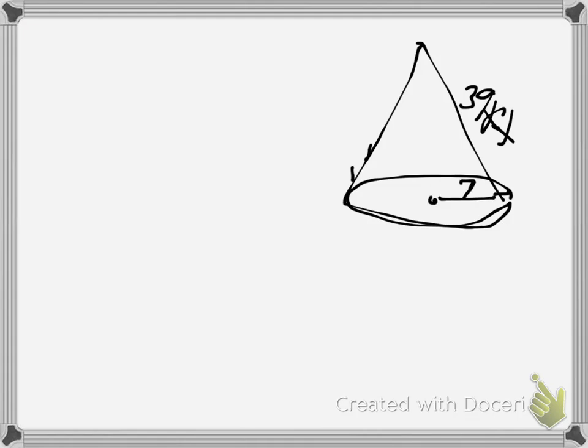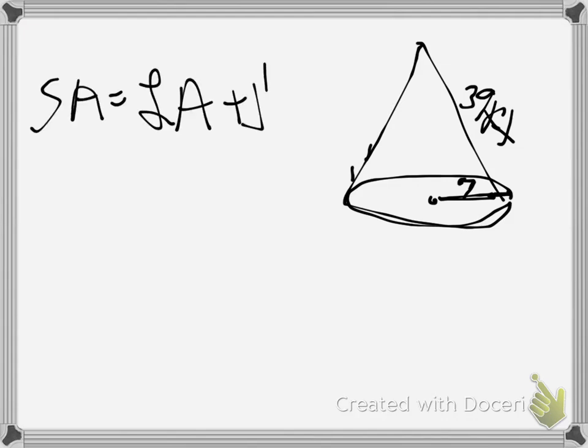Okay, it's plug and chug. Plug it into the formula for surface area equals lateral area plus your base, and then chug away. Pause the video, check back when you found your answer.